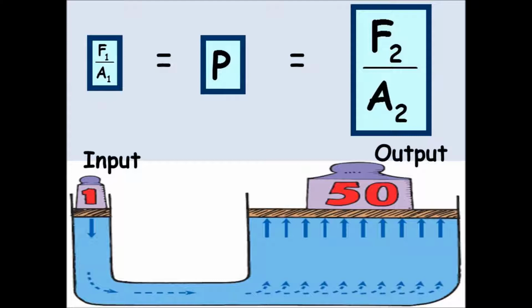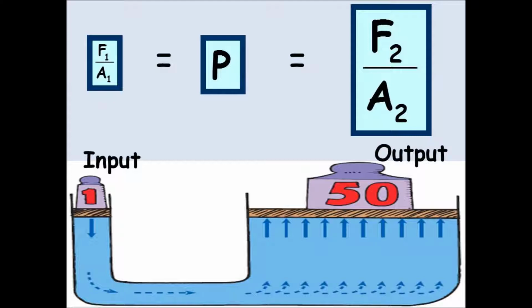Now, this is a very, very important topic. This is called Pascal's principle. Let's say that's 1 Newton on the left, that's the input force. This is kind of like a machine.